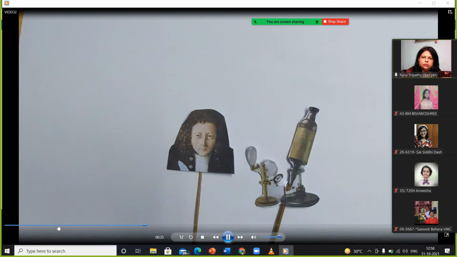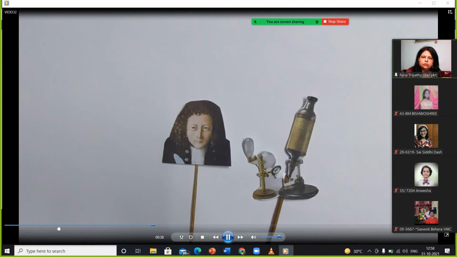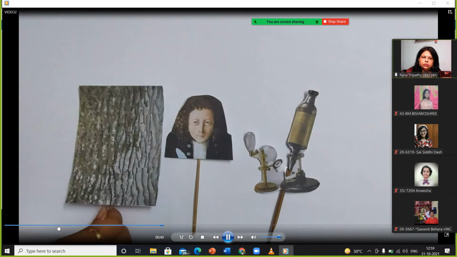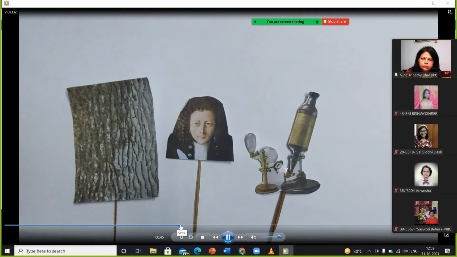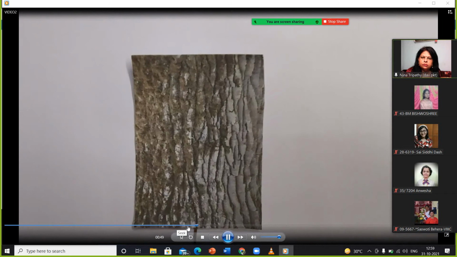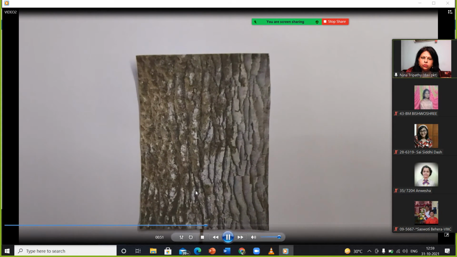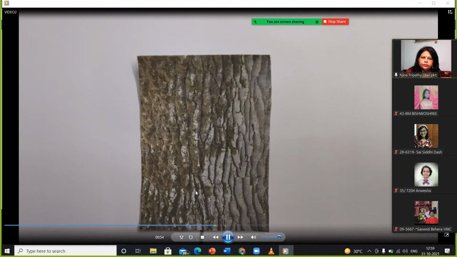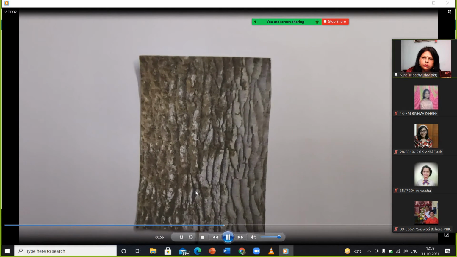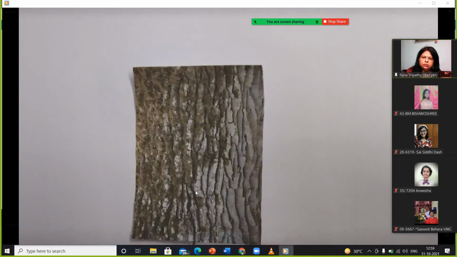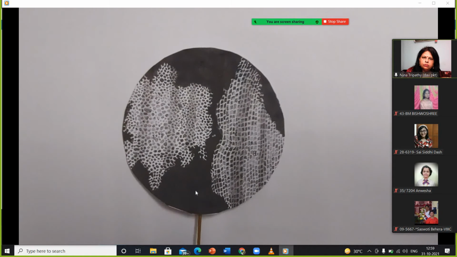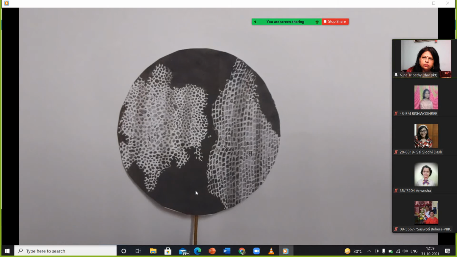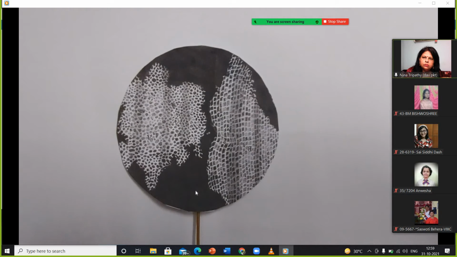He started taking the bark of the oak tree, which is called cork. He took slices of the cork and observed them under his modified microscope. Through the microscope, the cork looked like small chambers.